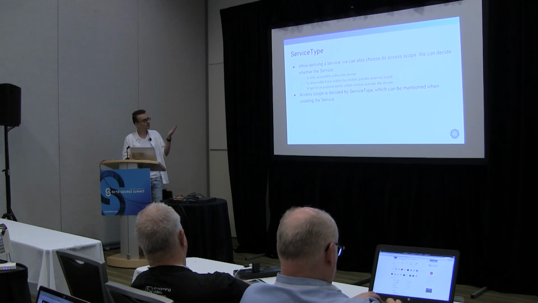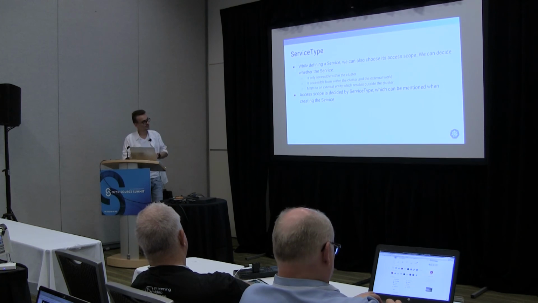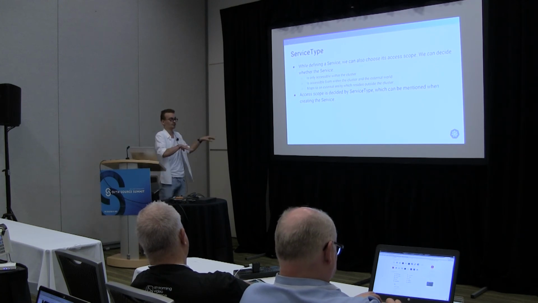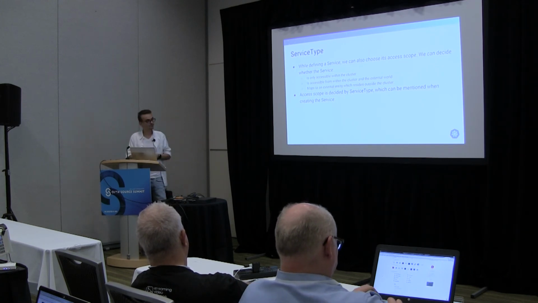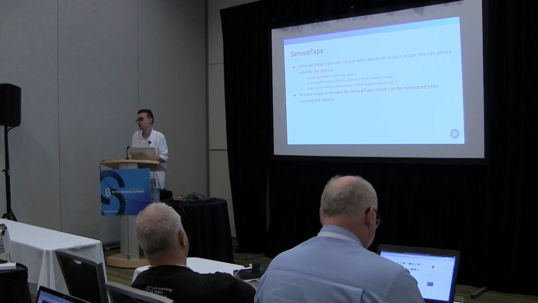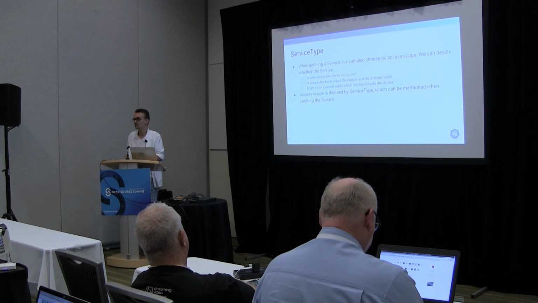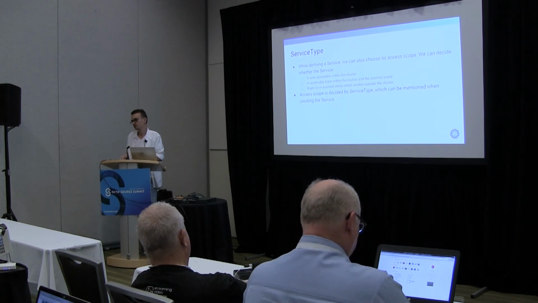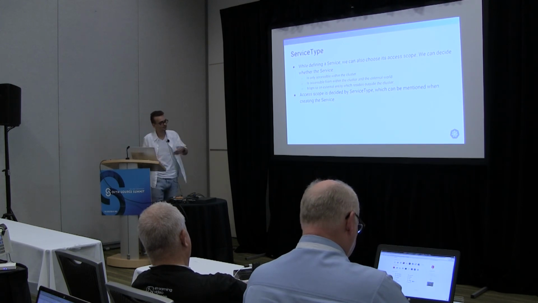And it can also be mapped to an external entity which is residing outside of the cluster. This use case is common when you, for example, use a Kubernetes cluster for running only stateless workloads, but you use some stateful database that is deployed outside of Kubernetes. And the access scope is defined by the service type.